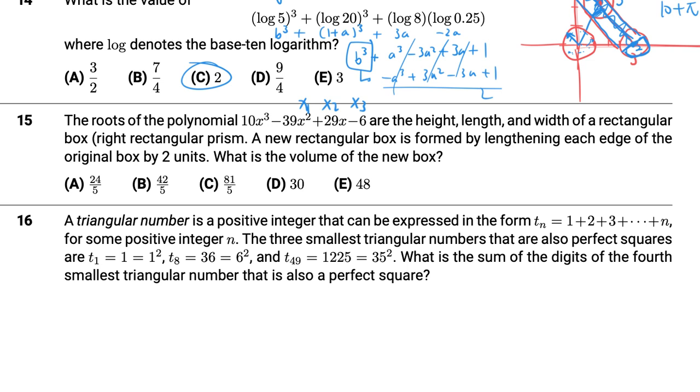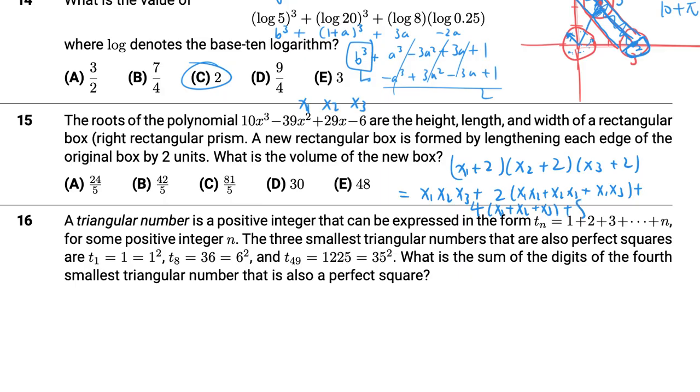So if we have these as the dimensions, the new rectangular box would have volume (x1 plus 2)(x2 plus 2)(x3 plus 2). And that would be x1x2x3 plus 2 times (x1x2 plus x2x3 plus x1x3) plus 4 times (x1 plus x2 plus x3) plus 8.